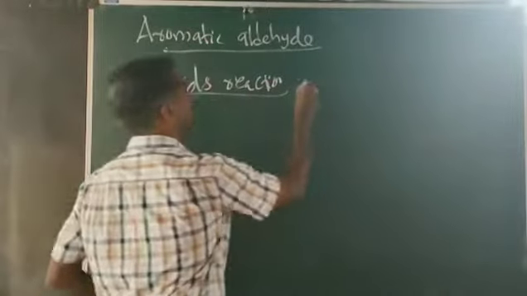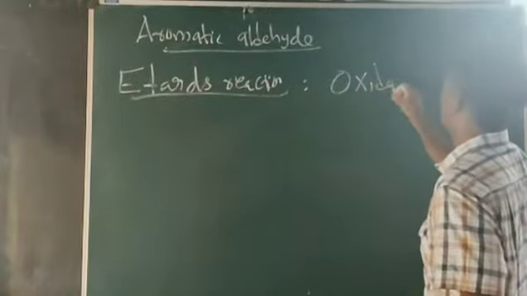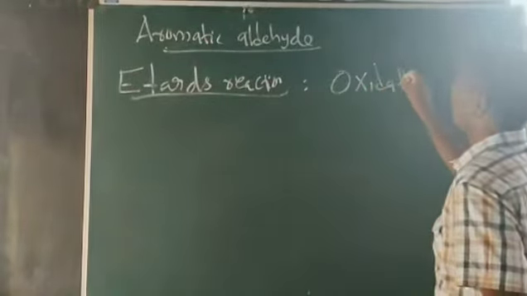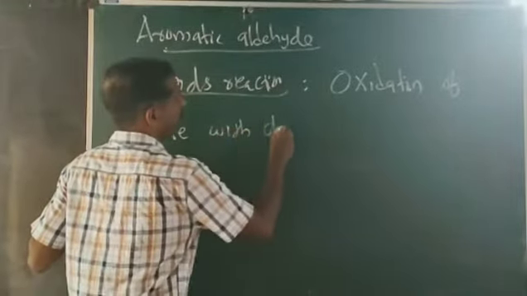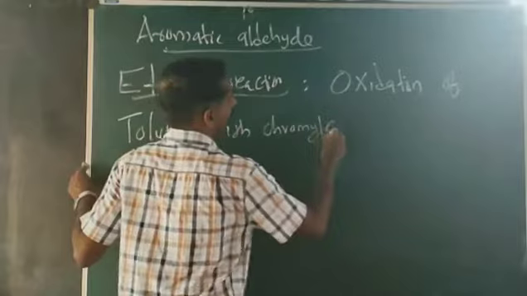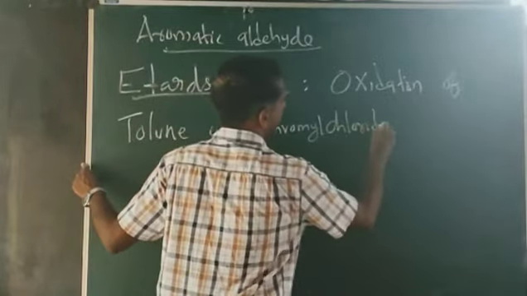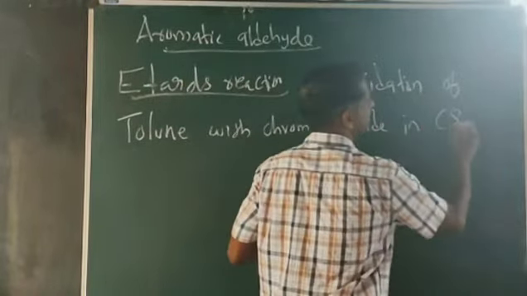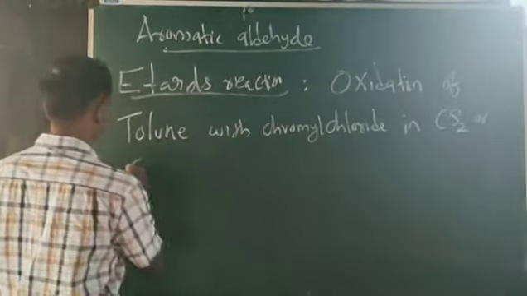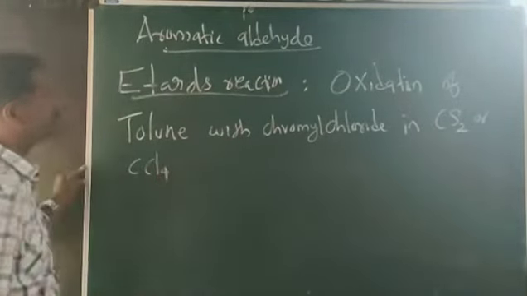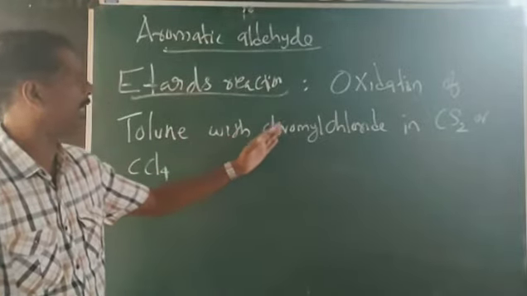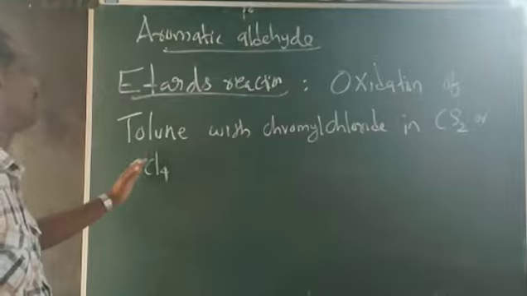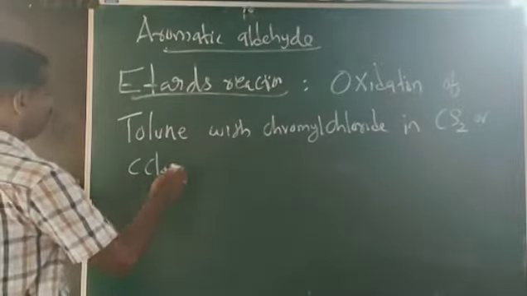Actually, this is the oxidation of toluene with chromyl chloride in carbon disulfide or CCl4, which will give aldehyde.